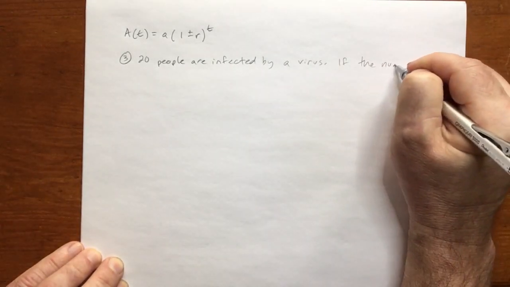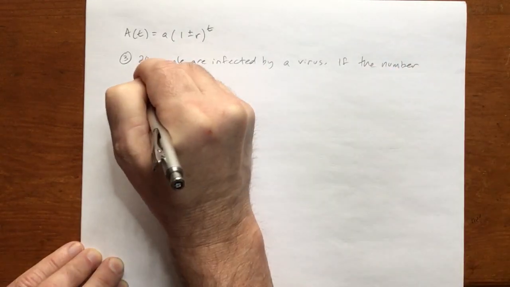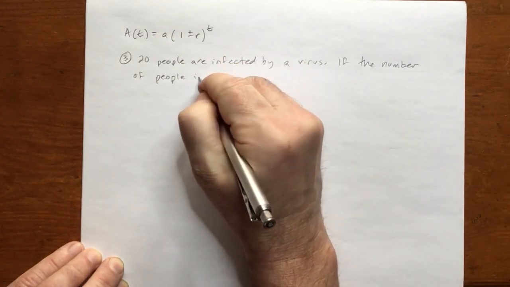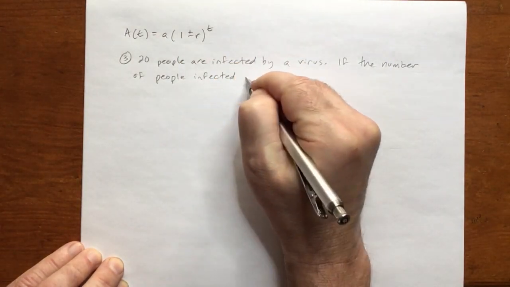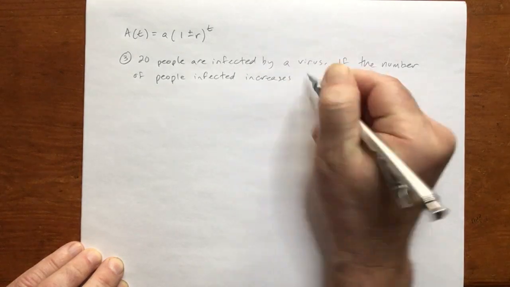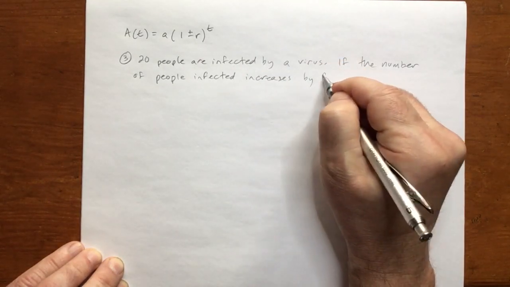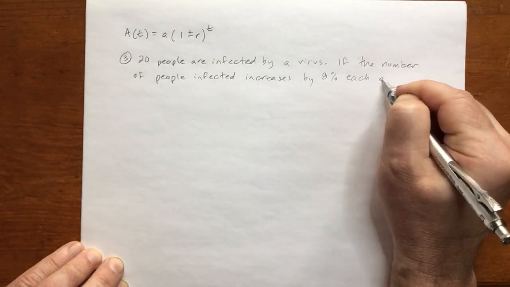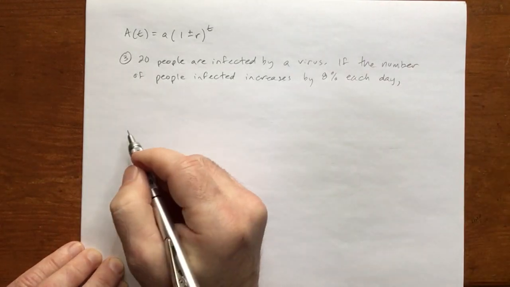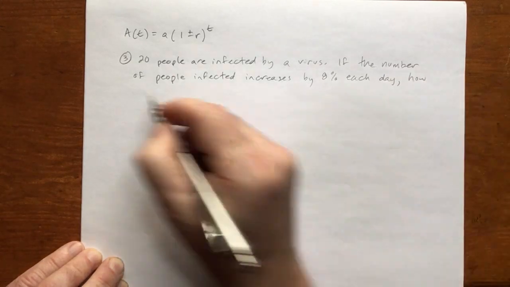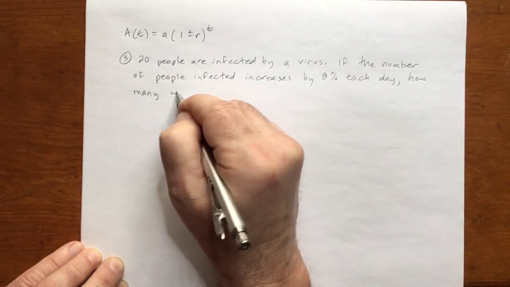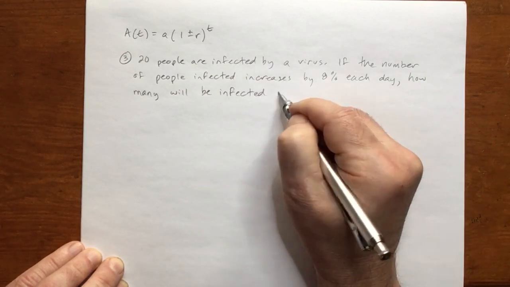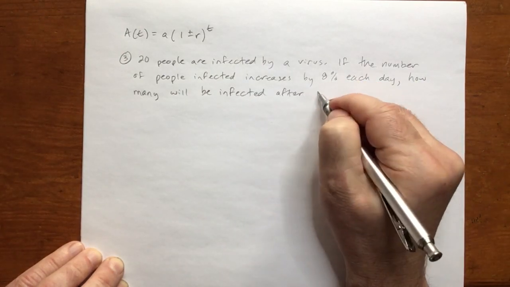If the number of people infected increases by 8% each day, how many will be infected after 60 days?